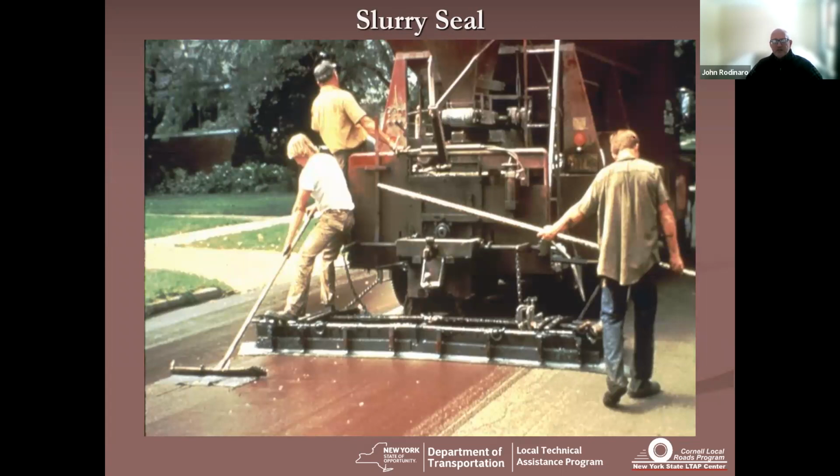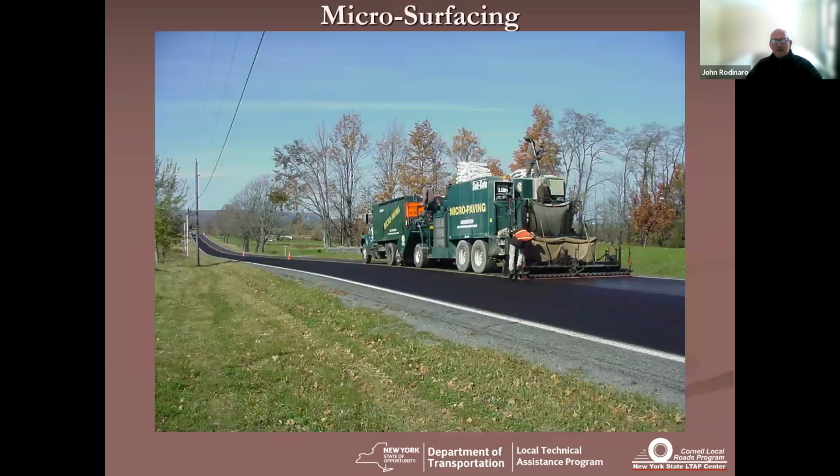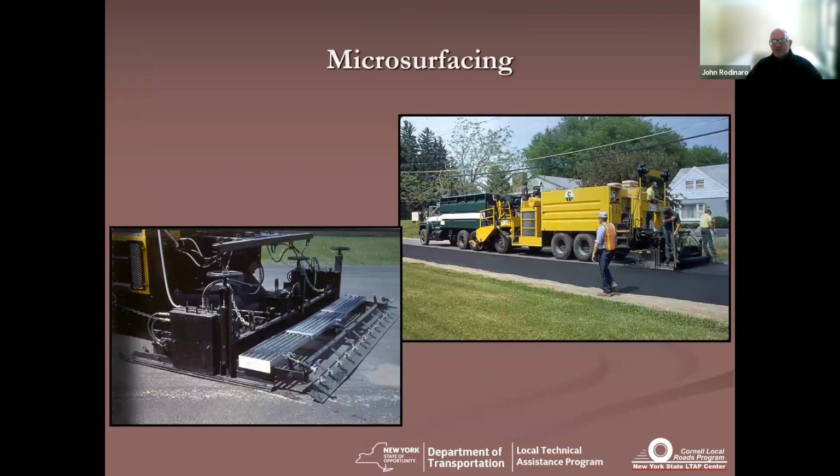Slurry seal, nice brown color coming off the back of that screed, all in one unit. The conventional materials. Microsurfacing is our slurry seal on steroids, using a polymer modifier in this case, and you're running it in 2 passes. Here's just another picture of a microsurfacing setup, and a nice look at the screed.